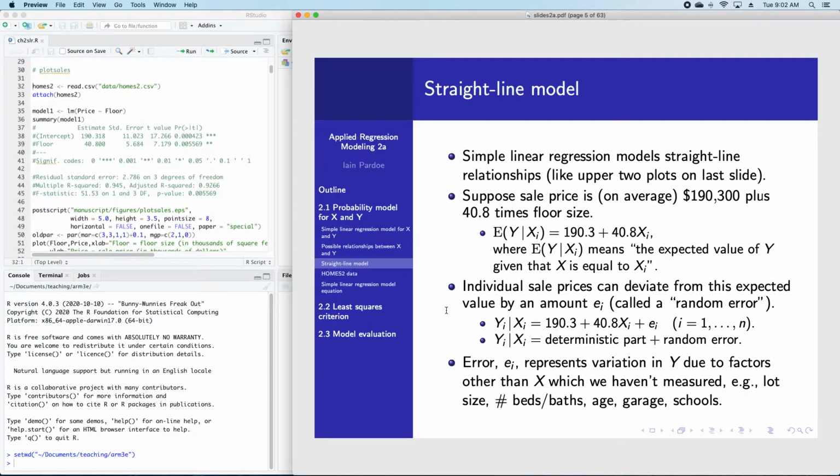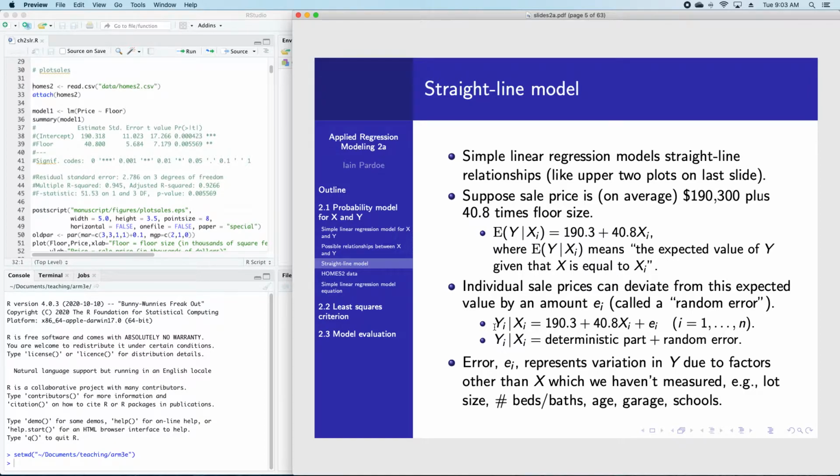So this equation tells us what the sale price is on average for a particular size of house, but individual houses, their sale prices can deviate from this expected amount by an amount ei, which in statistical terminology is called a random error. So if we add that to the equation, now we've got an equation for yi given xi.